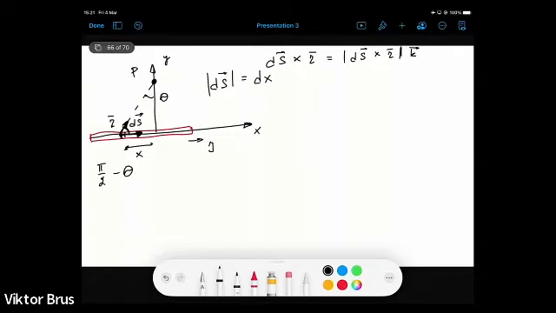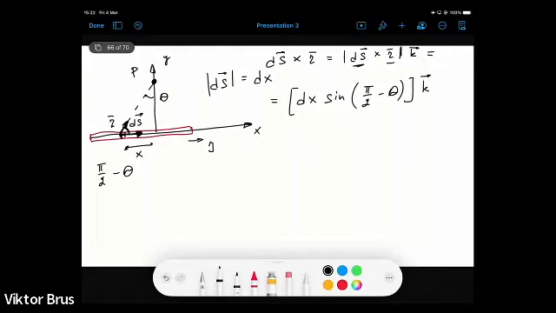So keeping this in mind, we can write that we have dx instead of the magnitude of the ds vector. The magnitude of the r unit vector is unity, so we don't have it. Then we need to put sine of the angle between the ds vector and the r unit vector, that is pi over 2 minus theta, multiplied by the k unit vector.